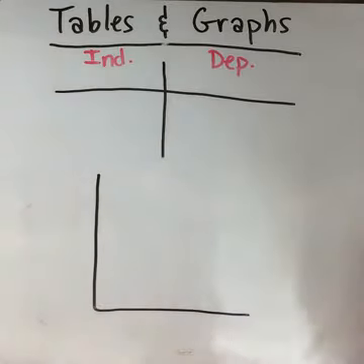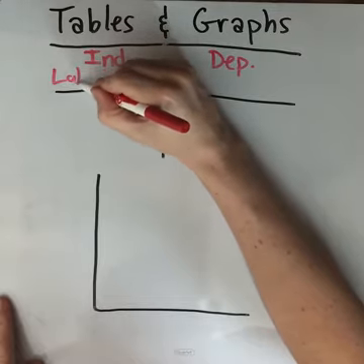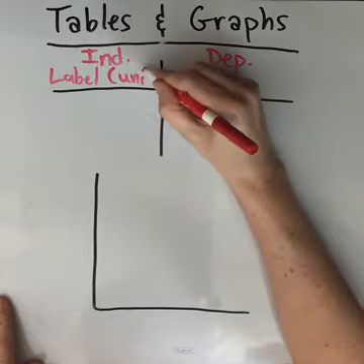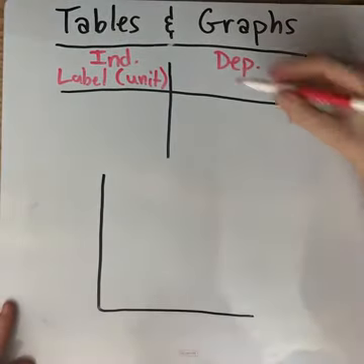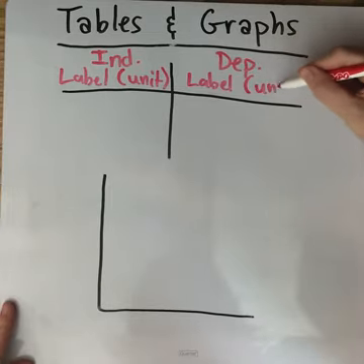At the top of each column, you need to give each of these a label and then a parenthesis with a unit. Okay, so label, parenthesis, unit.